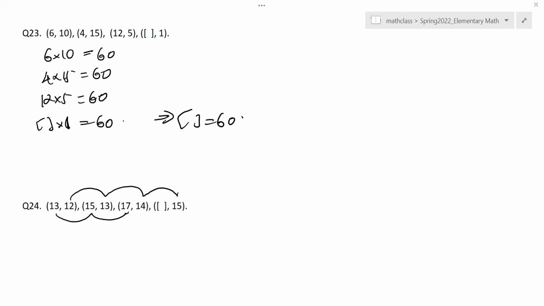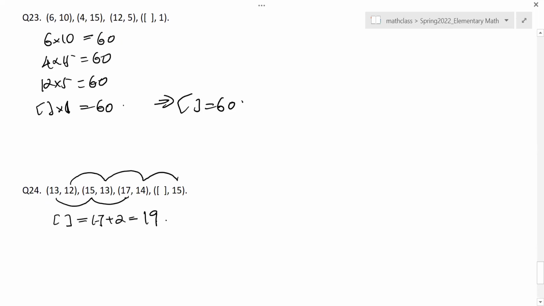You can consider it as an alternating sequence. You can consider it like 2 sequences mixed up. Then clearly from here, that should be 13, 15 increased by 2, 15 to 17, 17 plus 2, it's going to be 19.